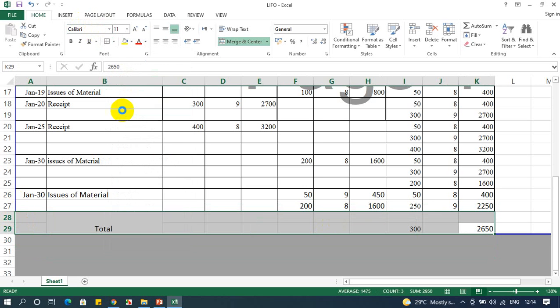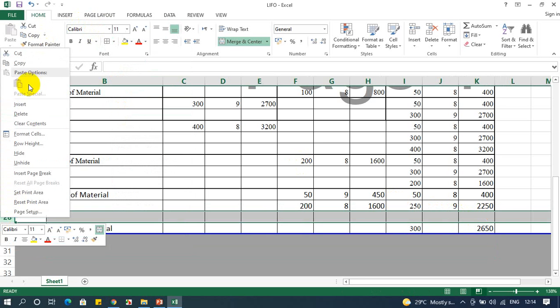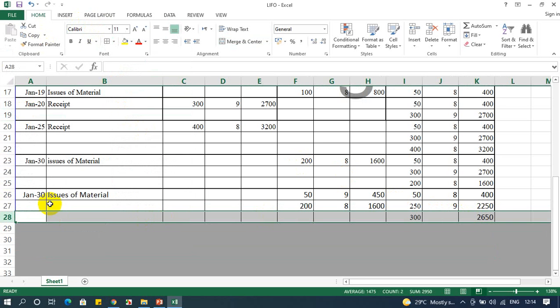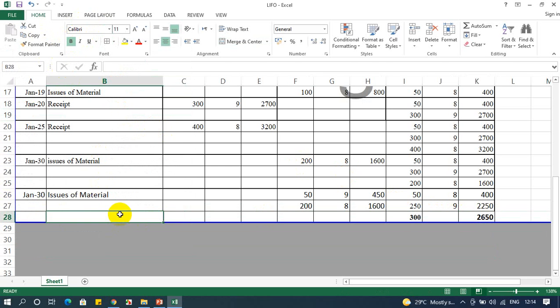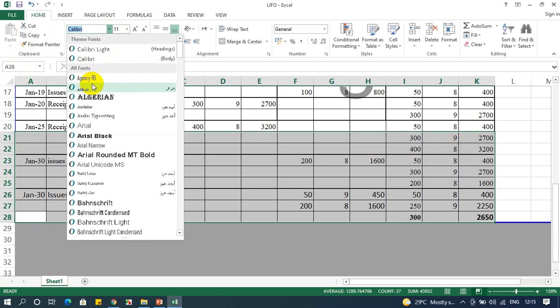Now we need to compare the same question with the last period, whether it is better or the other method that we used or not, right? So here we got the total, right? So we need to check whether these are the same or not.